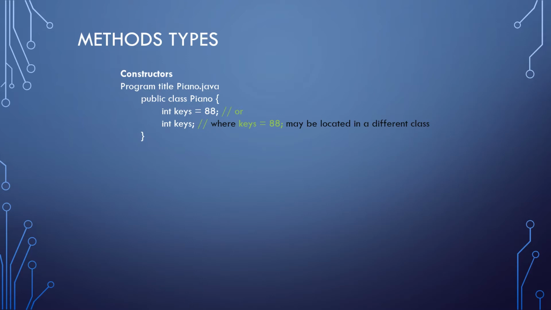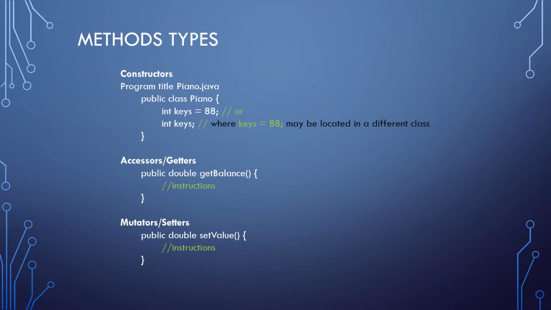We also have methods called accessors and mutators, or getters and setters. Accessors or getters will provide read-only access to a particular value. It only gets the information, it doesn't change it. Mutators or setters change values. They set a particular value to a variable.